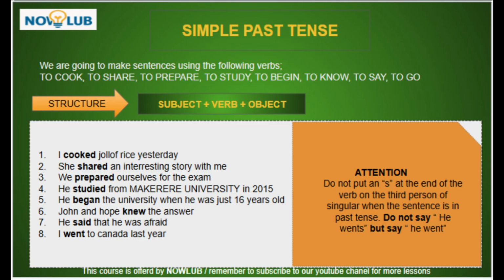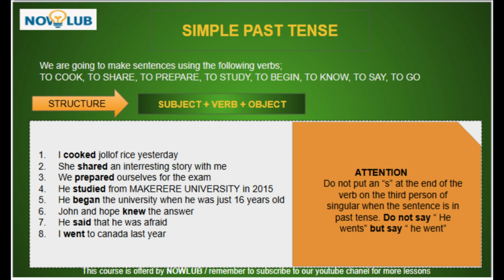So you have to pay attention here. Do not put an s at the end of the verb on the third person singular when the sentence is in past tense. So you should not say he goes, adding an s, no, but you say he went. Don't say he knows, but we say he knew.